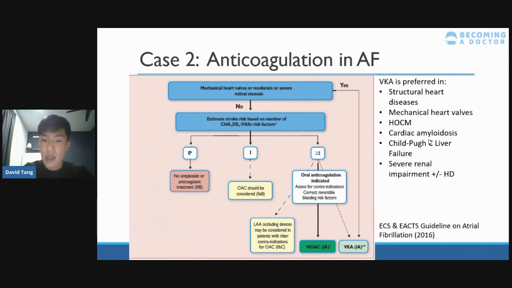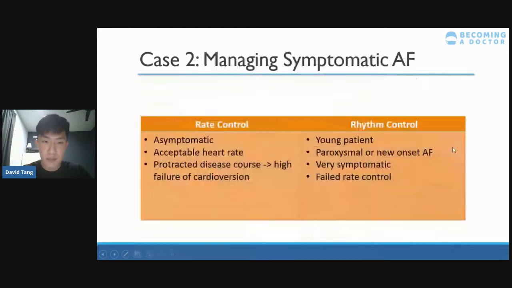However, the NOACs are relatively new. They have been in the market for 10, 15 years, and there's no evidence of their use and safety in the following disease processes. And as a result, we're still using warfarin for the patients with disease processes in the column on the right. So now we go to the crux of symptomatic AF.